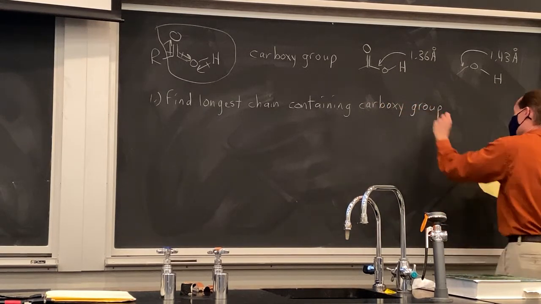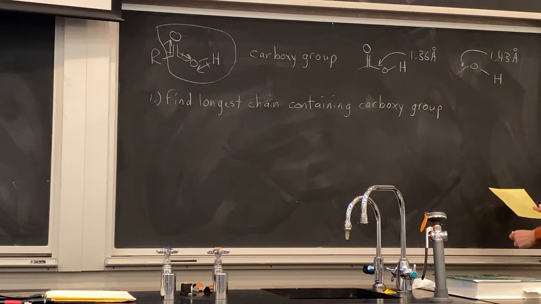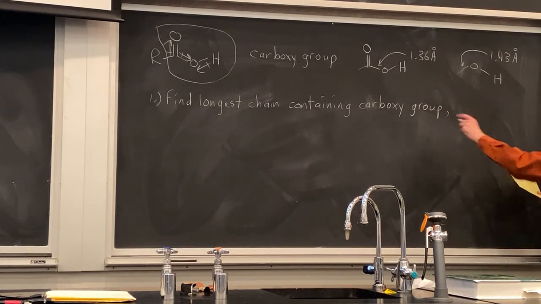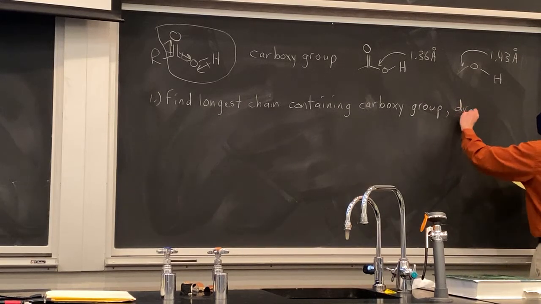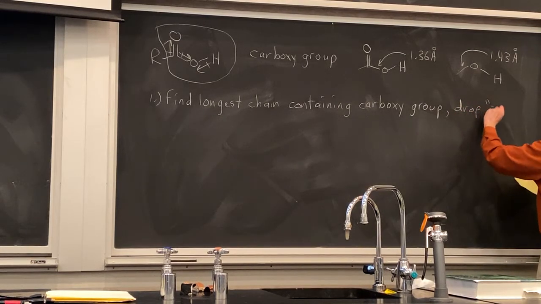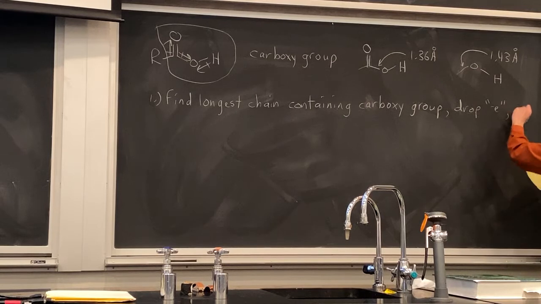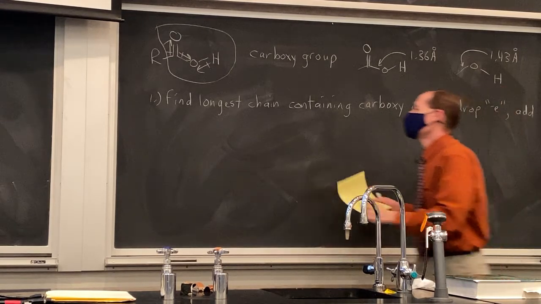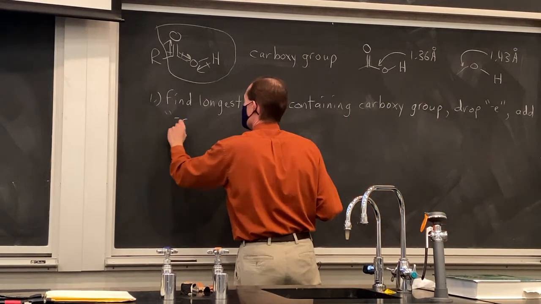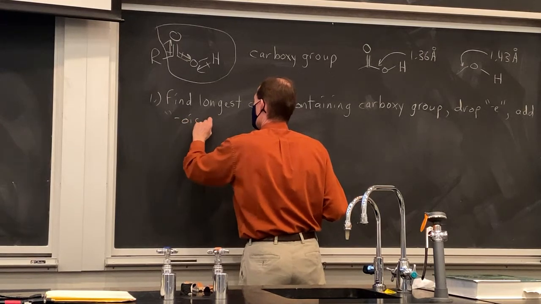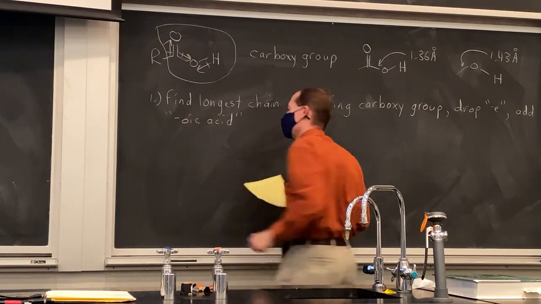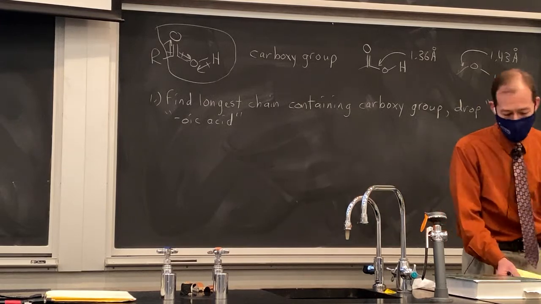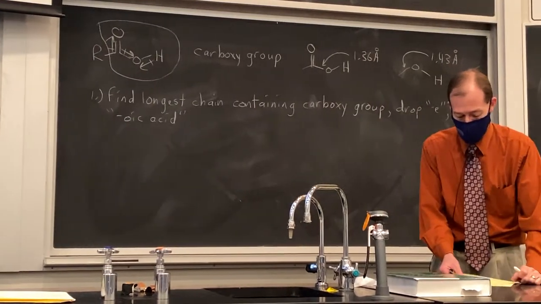It has to be part of our chain. And then there's a parent name for that longest chain. We're going to drop the E off of that parent name, and then we're going to add oic acid. Okay? So our suffix for carboxylic acids is going to be oic acid.